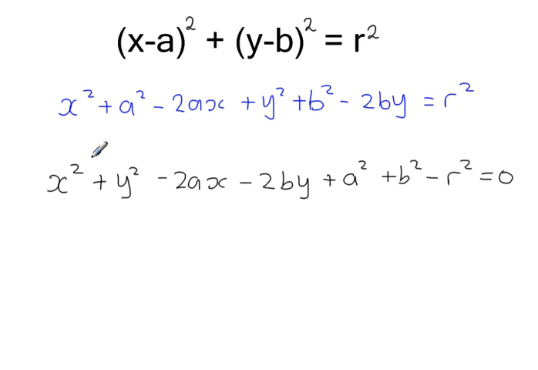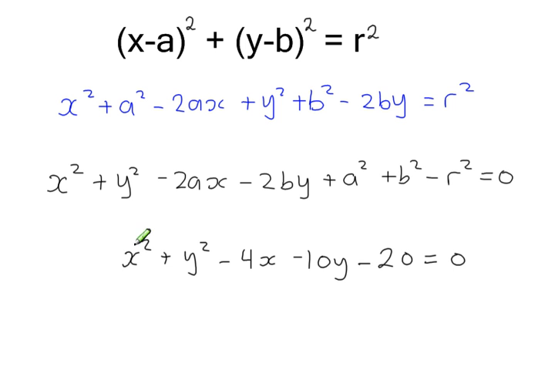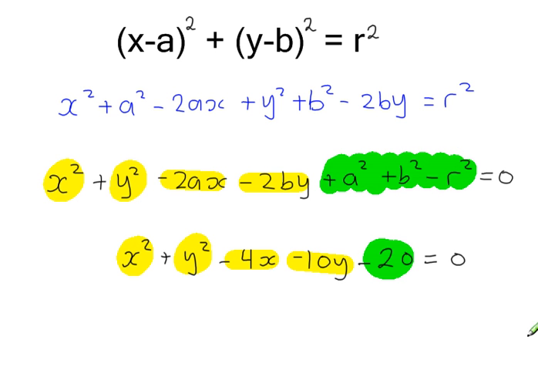Now sometimes you're given the equation of a circle that looks similar to this, and this equation here is written in a similar form. So you've got the x squared term, you've got the y squared term, you've got the x term, you have the y term, and then the constant here represented by the sum of all these constants here.